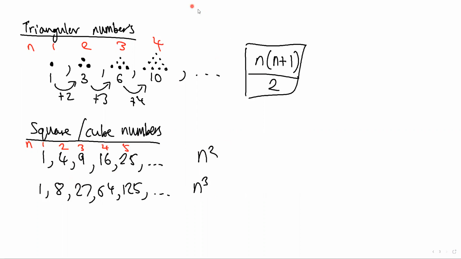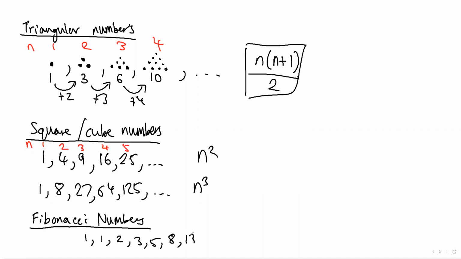And then finally, I'm just going to make a little note here. Fibonacci numbers. It's called the Fibonacci sequence. It's a very famous sequence where you have it basically like this. It might look less obvious what the sequence is here.